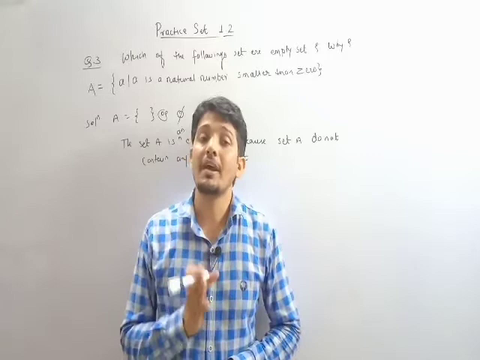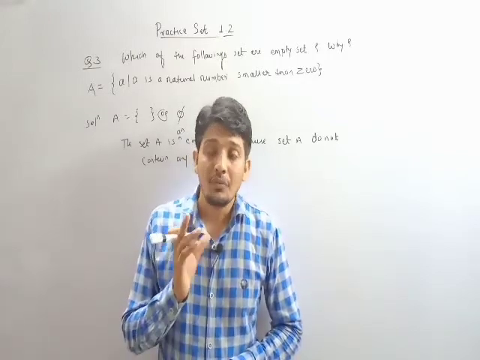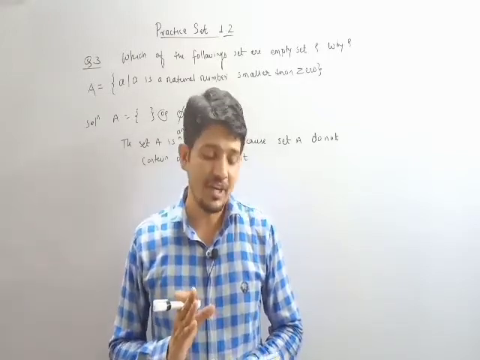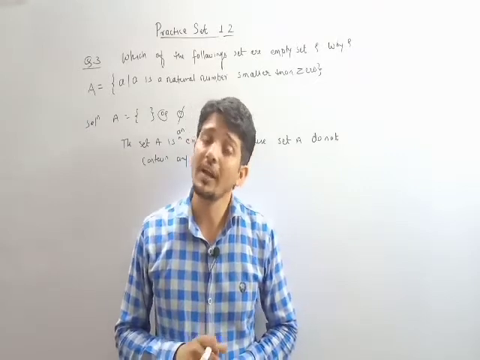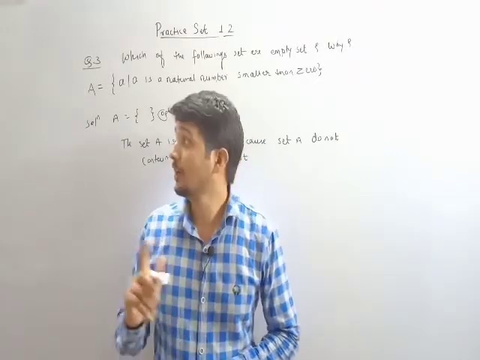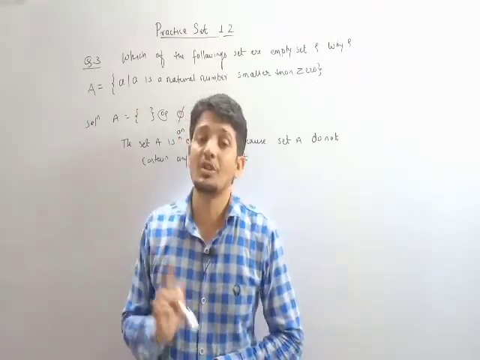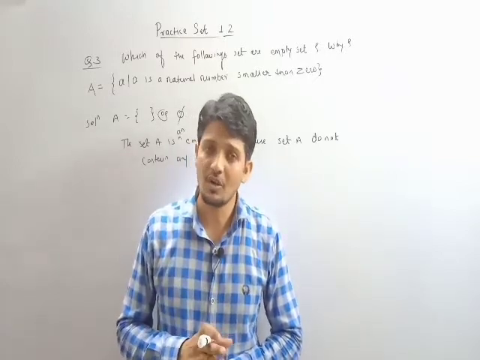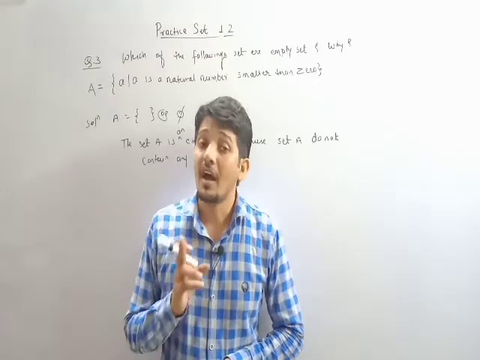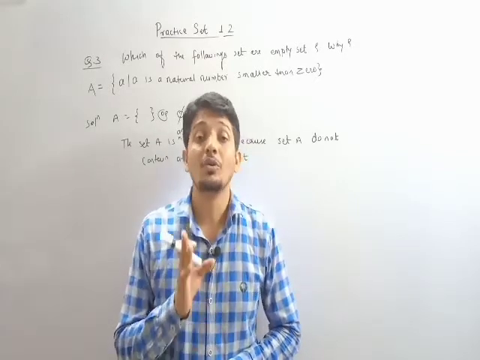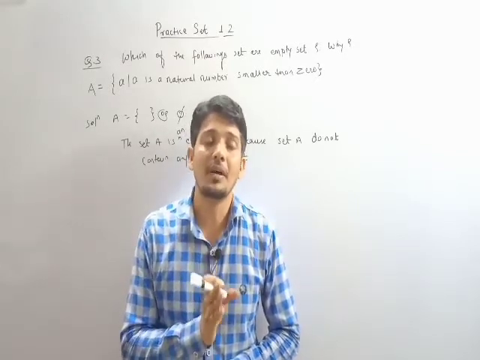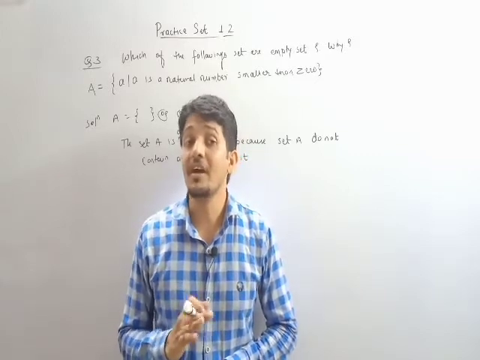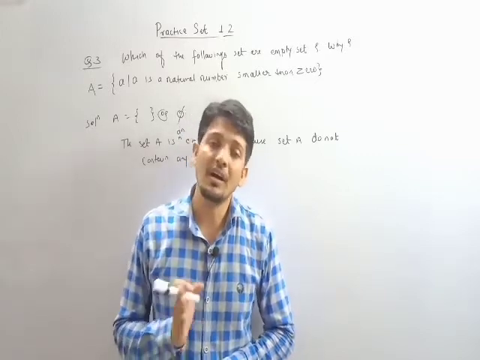First we have to identify which sets are finite or infinite. How? By converting them into roster form, or the listing method. After that we have to identify the number of members, that means whether they are countable or uncountable.